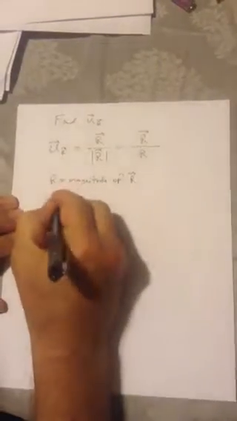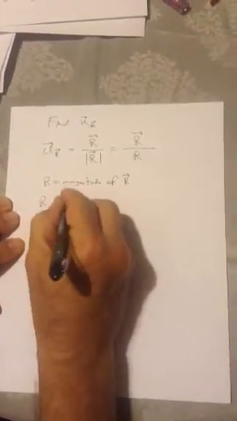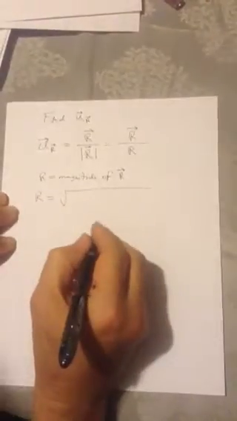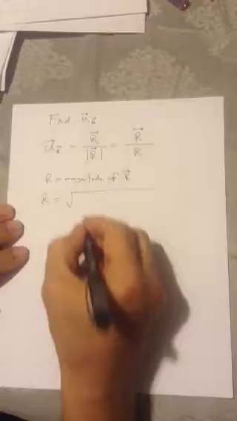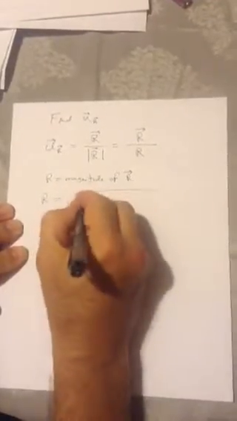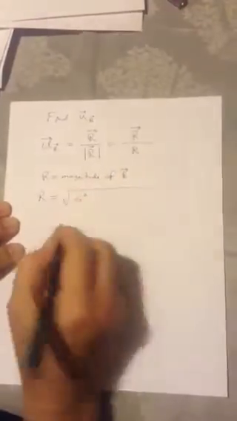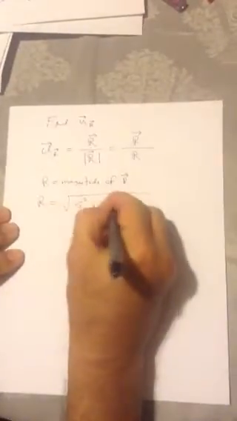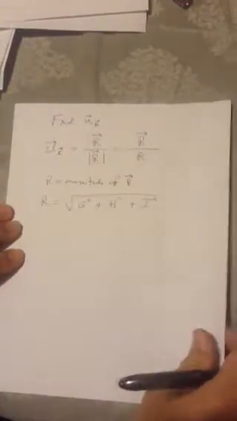Okay, and the magnitude of vector R is simply given by the Pythagorean theorem in 3 dimensions, and that would be the square root of G squared plus H squared plus I squared, the square root of all that.